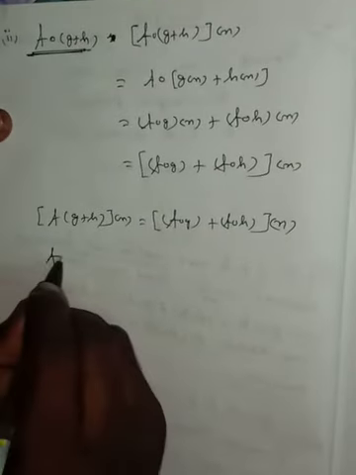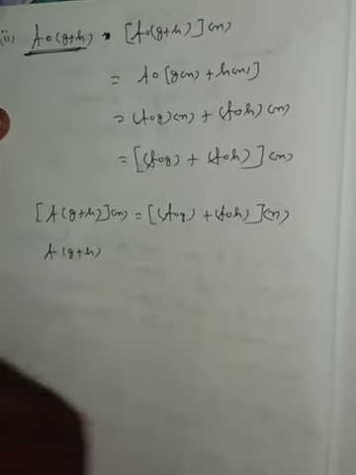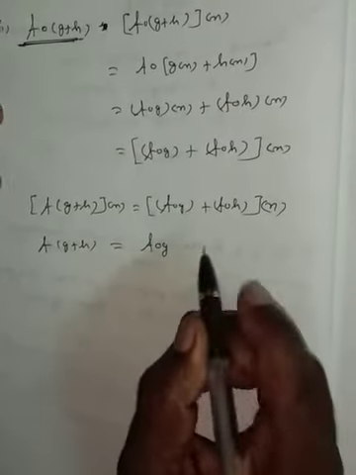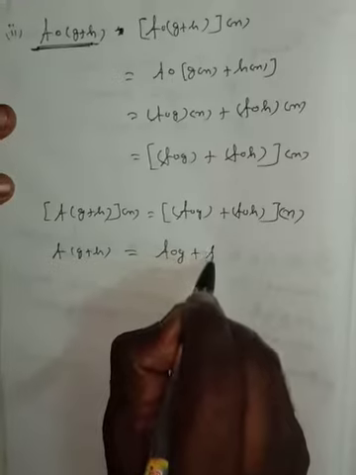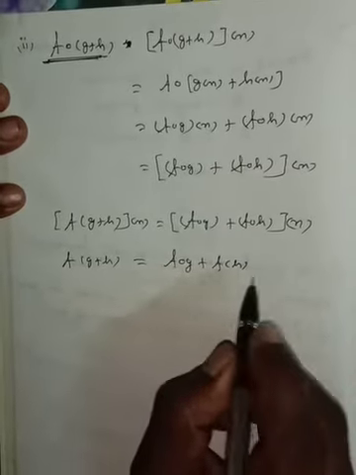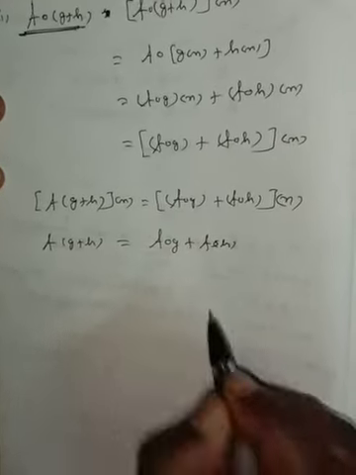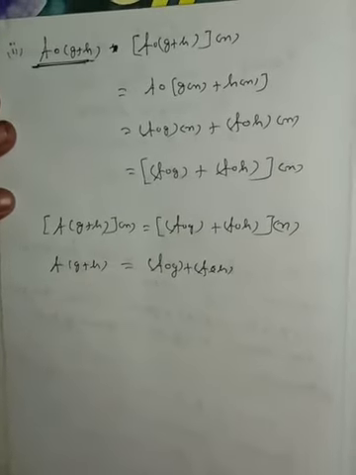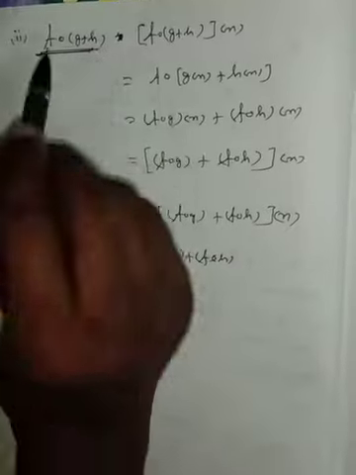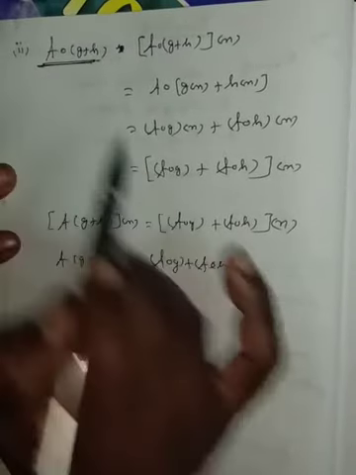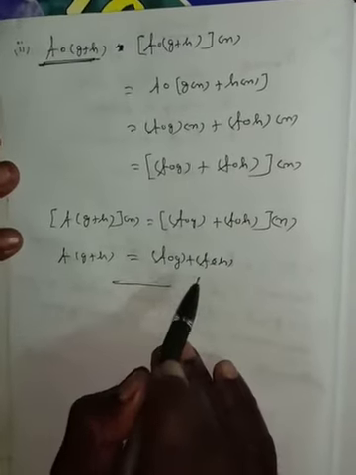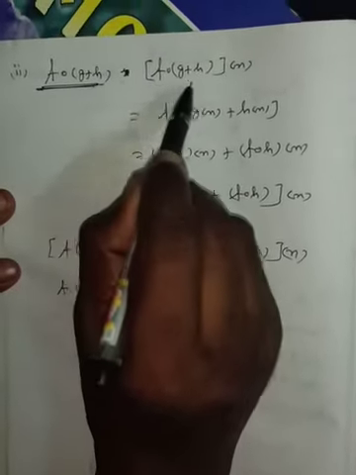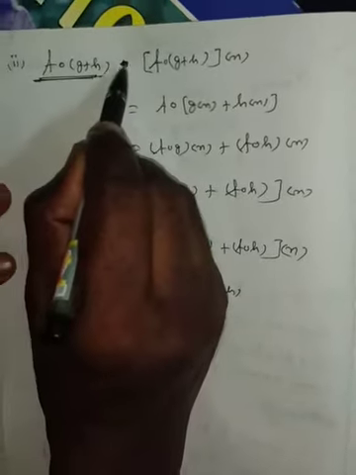Therefore f of (g plus h) is equal to f of g plus f of h. Let us take f of (g plus h). We get f of g plus f of h. So the first line is f of (g plus h) of x. Okay, this is complex.